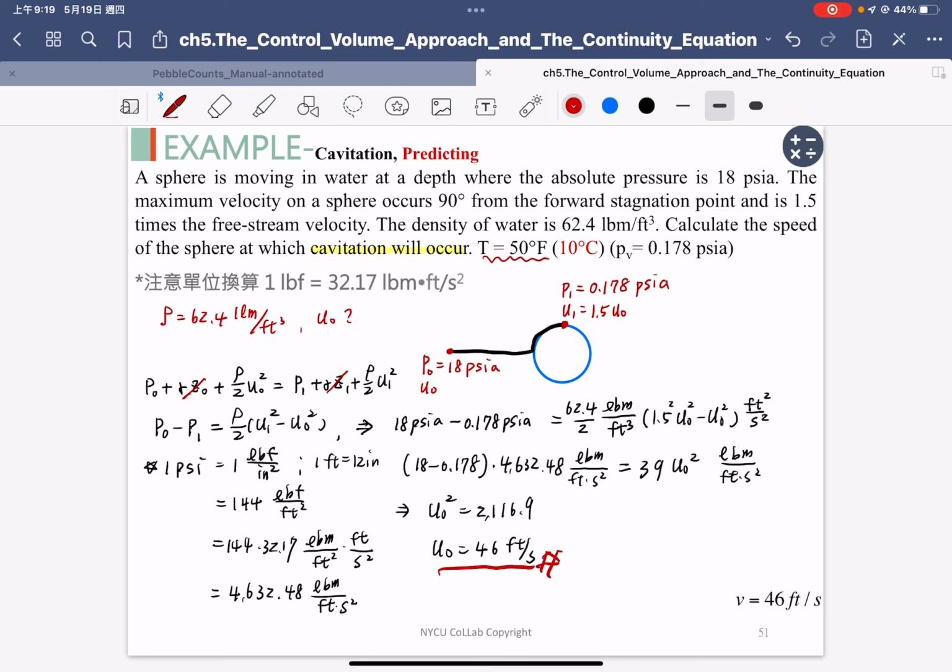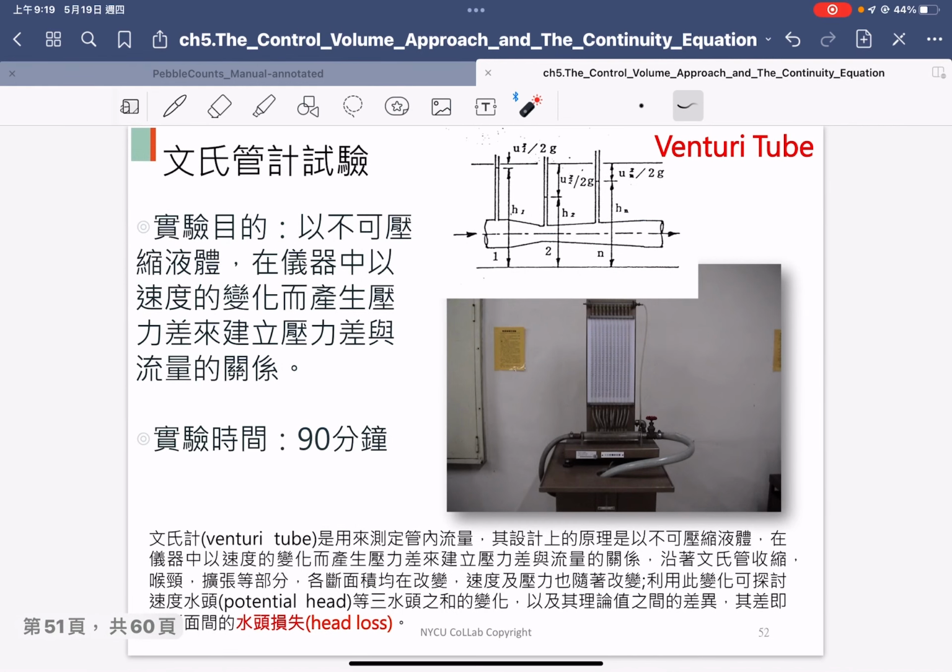So for the engineering designer, we cannot have a speed higher than the u0 shown here for this question. So that is a very important exercise: how can we predict the cavitation problem?